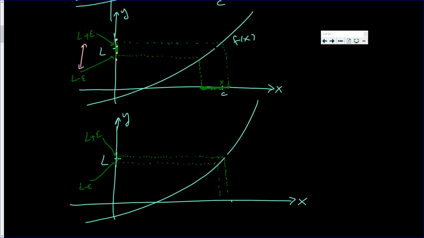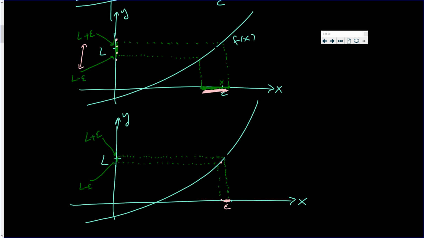That gives us this. And maybe the open circle for C is right there. Okay, so I have a tighter neighborhood. This little neighborhood is certainly smaller than that one.